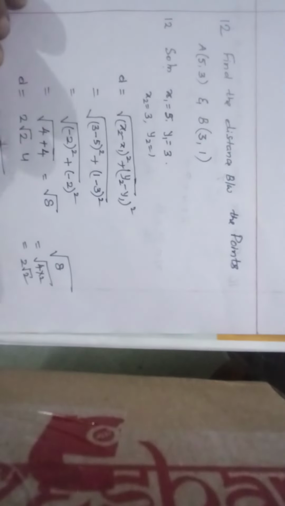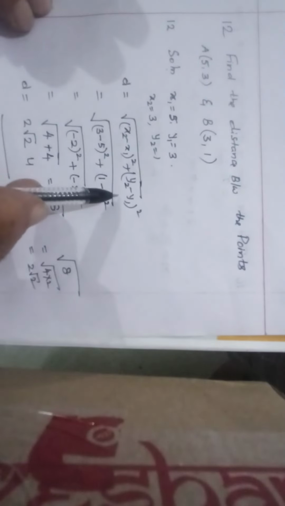So even for 1 mark you have to show the steps, because it is a question to find. Supposing the problem is given like this, the distance between the points A and B is dash, then directly you can write 2 root 2, and full marks are given. But when it is a find question, even for 1 mark, you have to write the formula and solve.